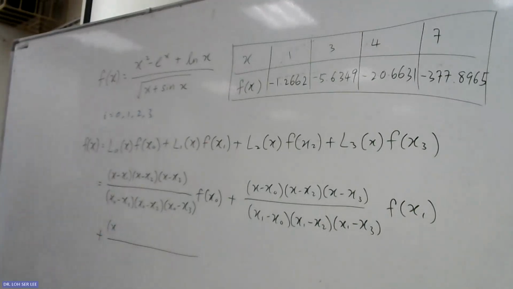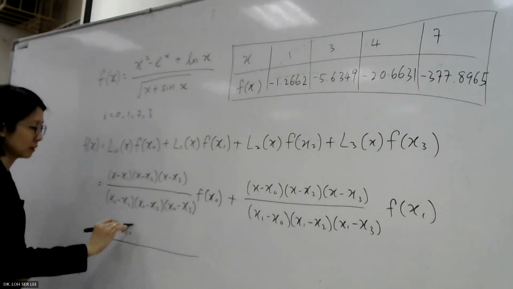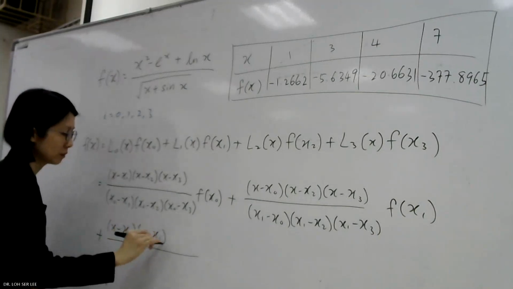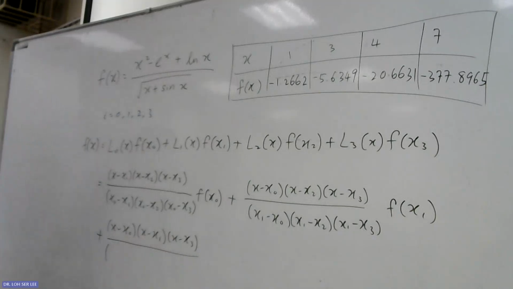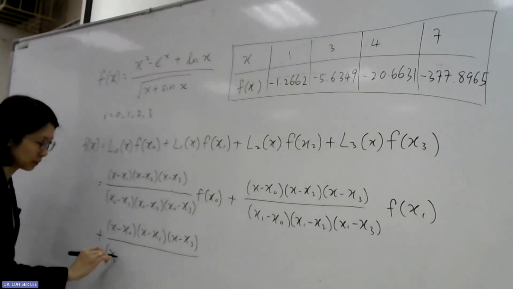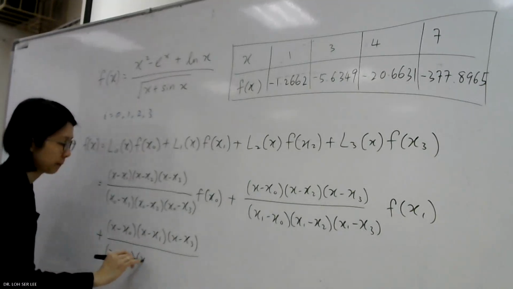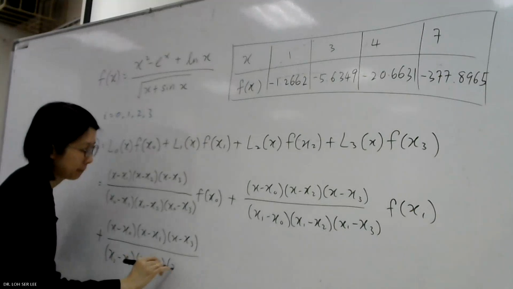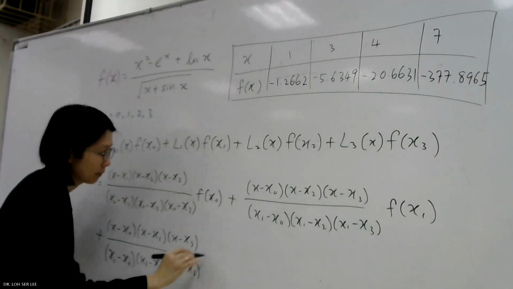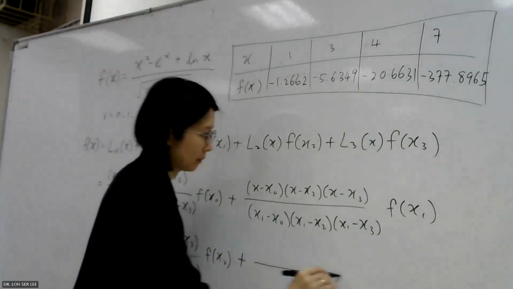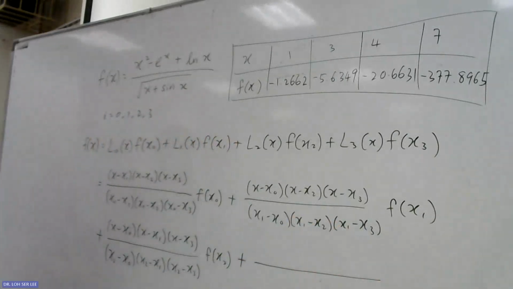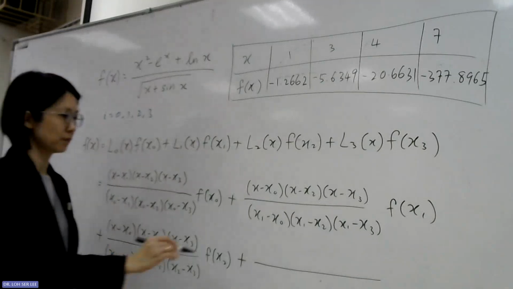When i is 2, j will be 0, 1, 3, so x3. The last one, i is 3. That means j is 0, 1, 2.